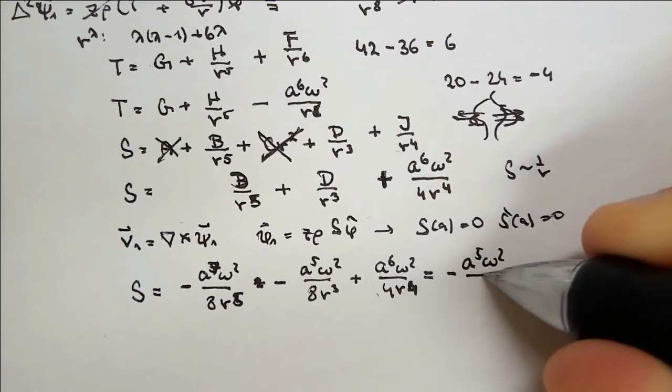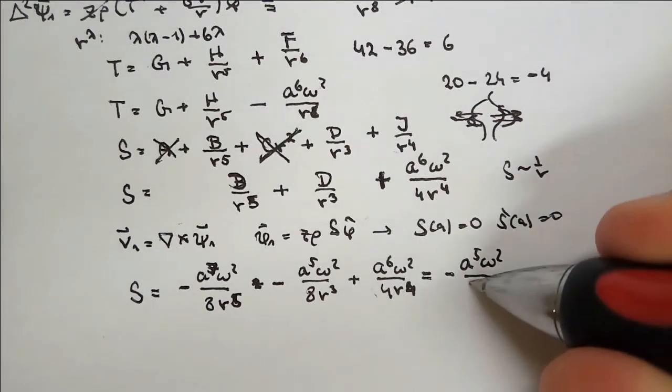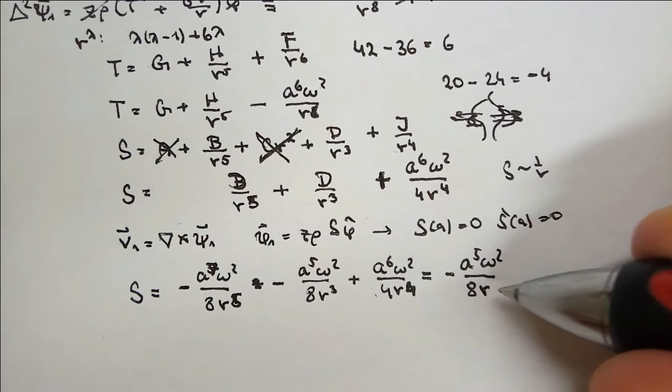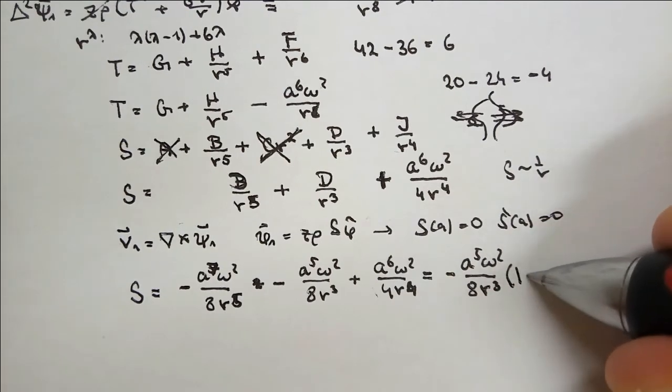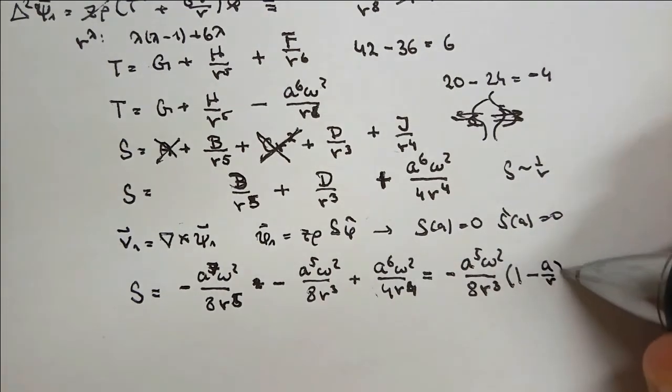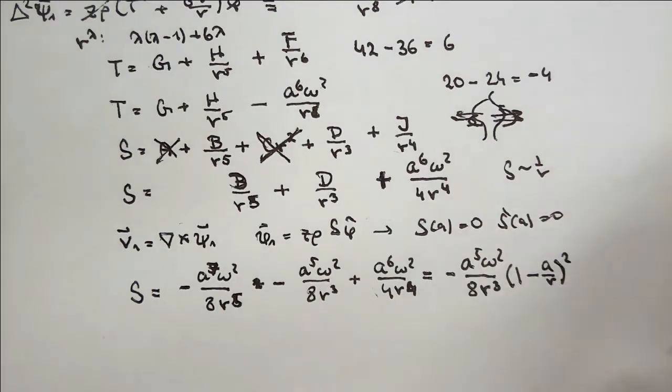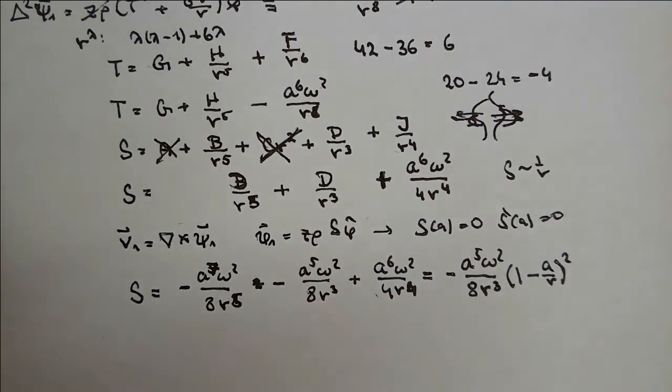It can be simplified, factored out, and this is A over R cubed times 1 minus A over R squared. This is the solution simplified for S.